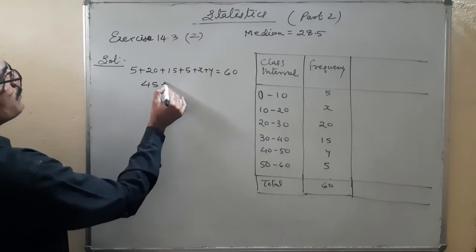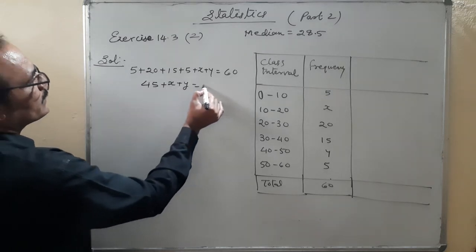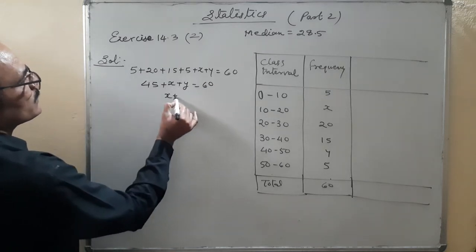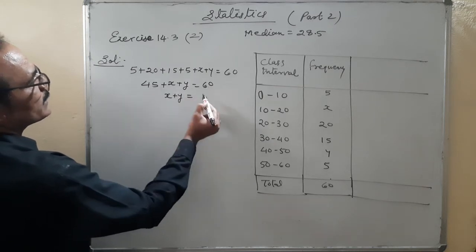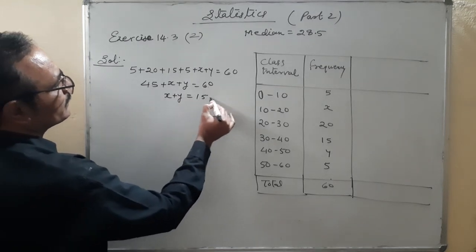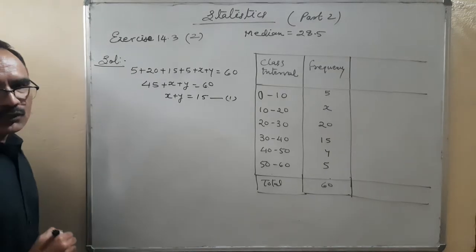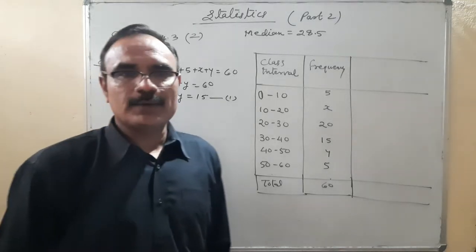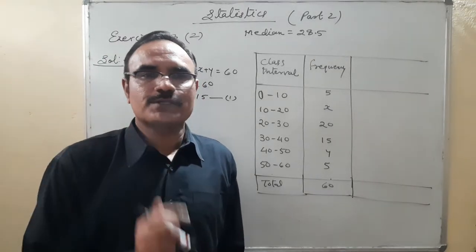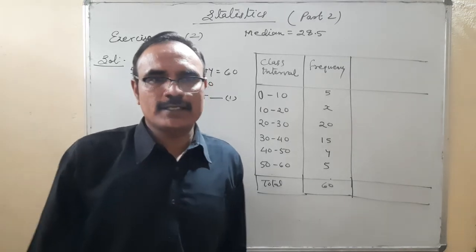So 45 plus x plus y is equal to 60. Therefore, x plus y is equal to 60 minus 45, it is 15. Equation number 1. For finding the values of x and y, minimum two equations are required. x plus y is equal to 15.